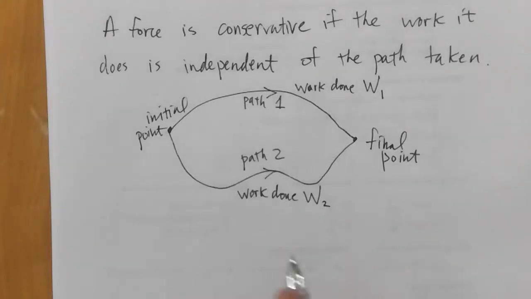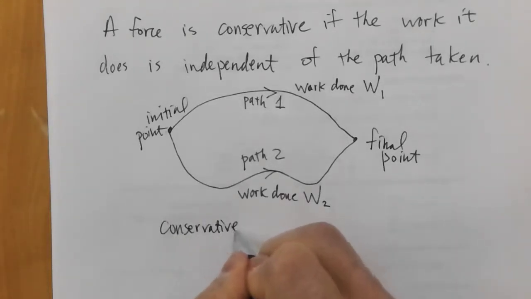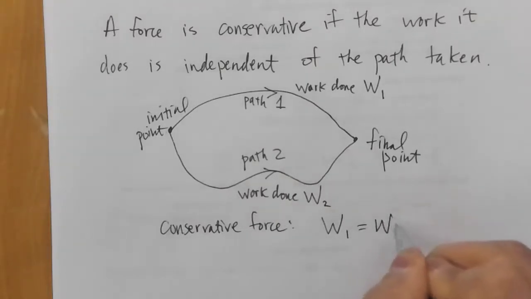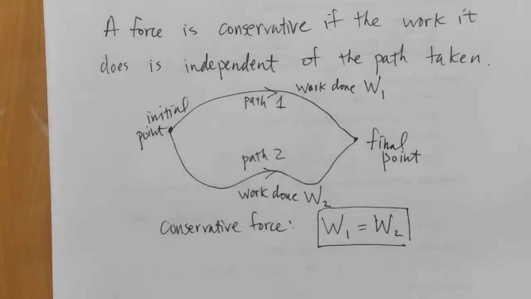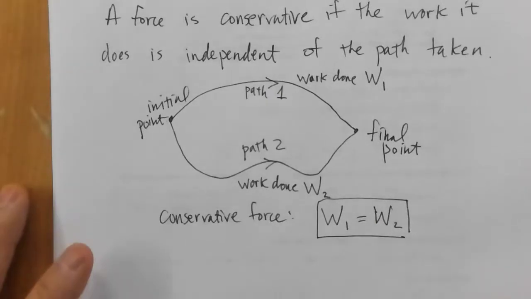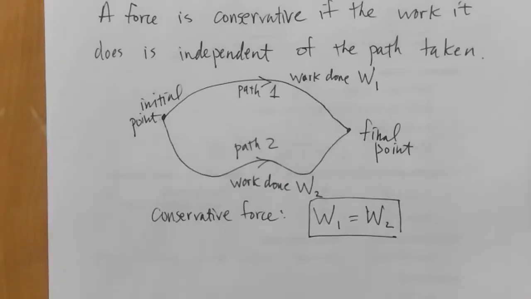Then for a conservative force, we are saying that W1 is equal to W2 no matter what the paths are, as long as they connect the same initial and final points. If it's not true for some case, then it's called non-conservative. Okay, everybody good on that?